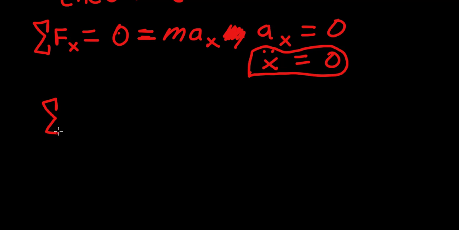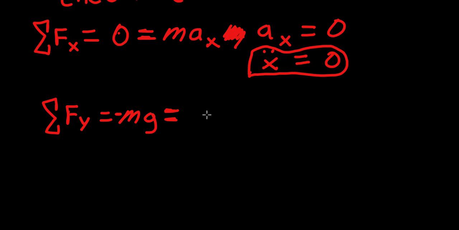In the y direction, we can sum our forces also, and that will just be the weight, obviously. Mass times the gravitational acceleration. This will be negative because gravity is pulling the ball down, and I'm going to assume that the positive direction for y is upwards. So this is a negative mg.